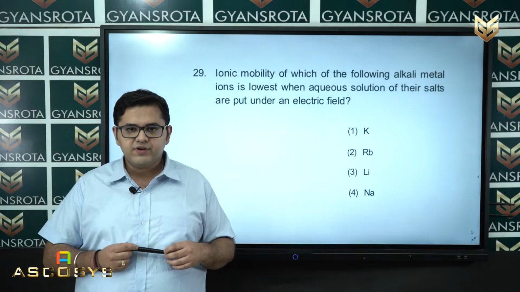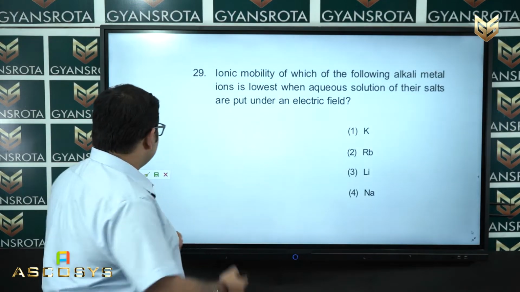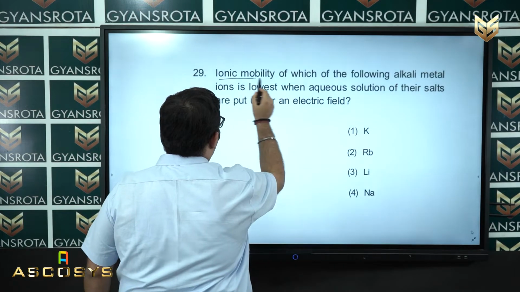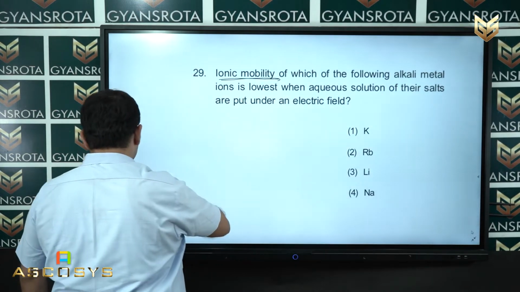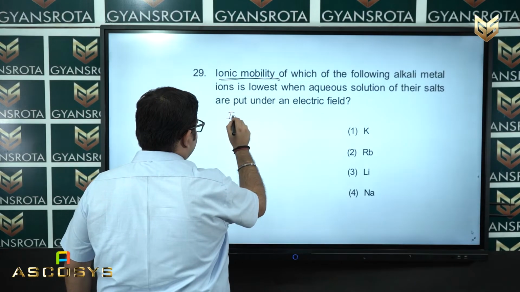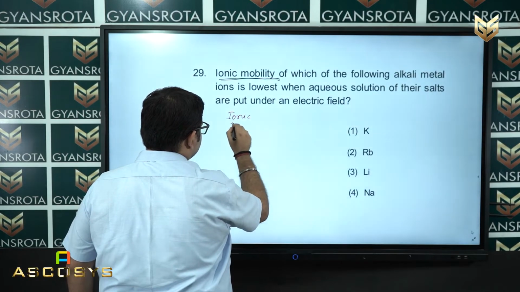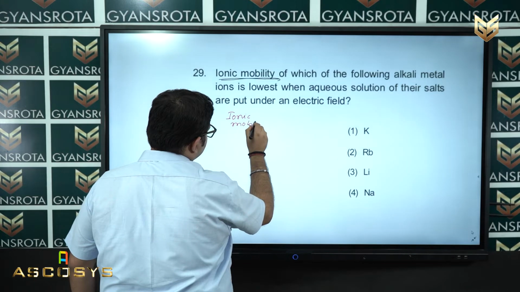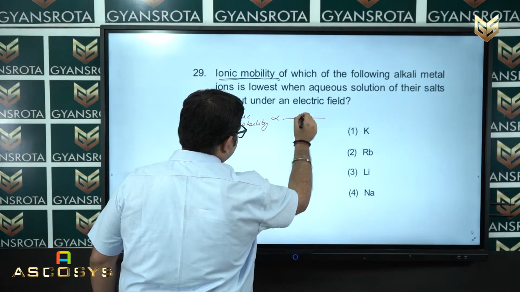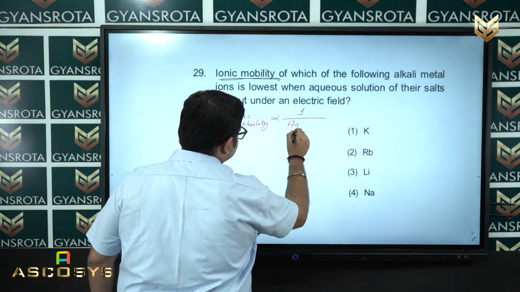So, now we are moving to the solution part. If you see here, they asked about the ionic mobility, and this ionic mobility is inversely related to the hydrated size.